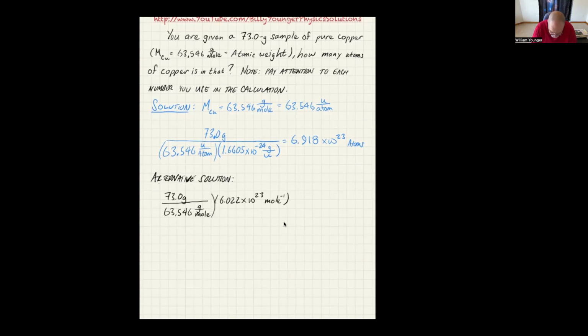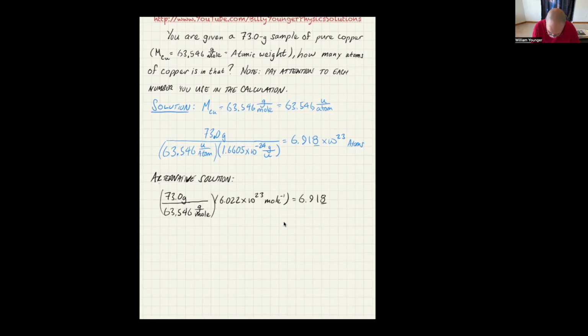So if I just take 73.0 and I divide it by 63.546, of course I get the 1.149 moles that I expected. Now I'm going to multiply that by 6.022 e to the 23rd reciprocal moles. So that says, in fact, that we get 6.918, again carrying one extra sig fig like I did before.